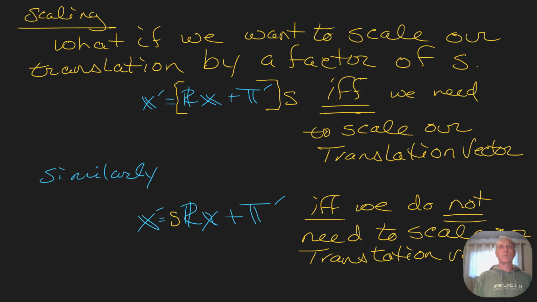Well, in that case, we want to get that 5 meters into international feet, so we would scale the translation vector. If, on the other hand, we're told our original reference frame is in meters, we want our resulting one to be in international feet, and we are translating by 400 international feet, well, we're given that translation already in the units of our new reference frame. We would not need to scale that translation vector.